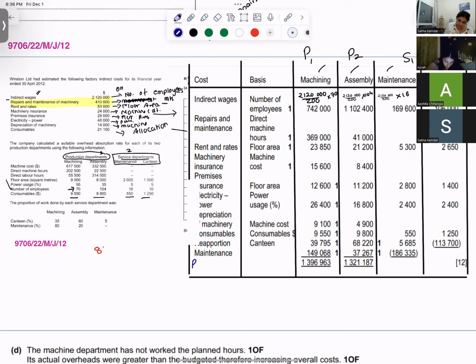Now what you get is what? This is your budgeted overheads. You got budgeted overheads?